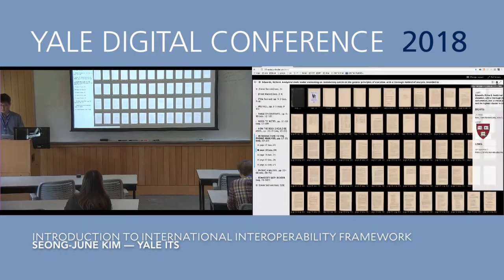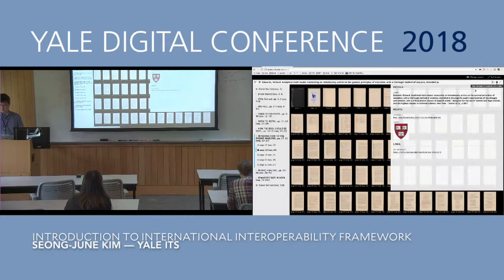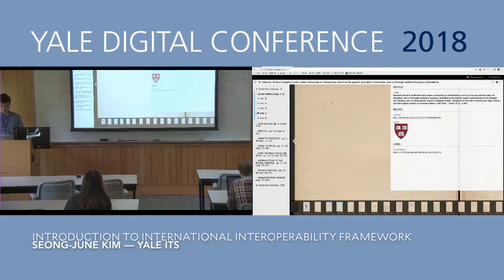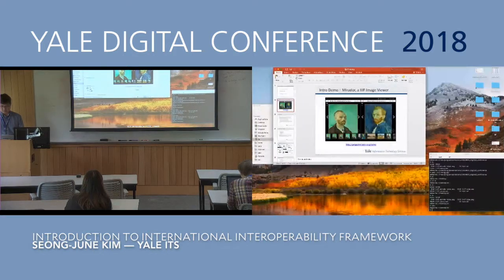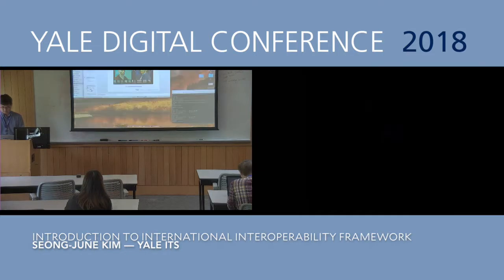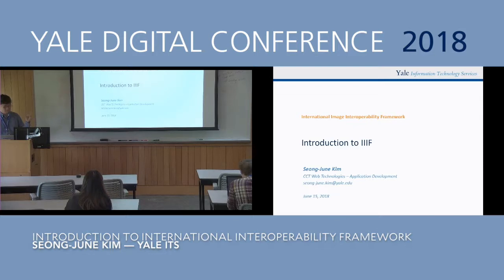Also, you can see the metadata that is defined for this collection, which is not a lot for this one. So that was a bit of a taste of the Mirador viewer.